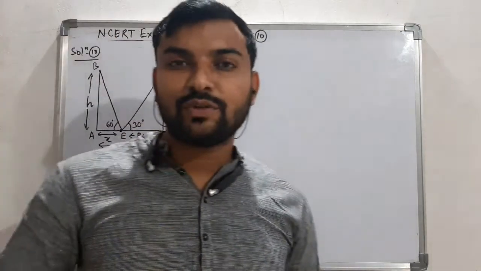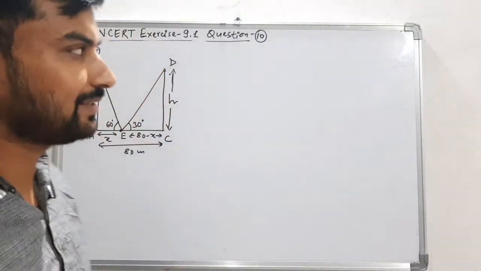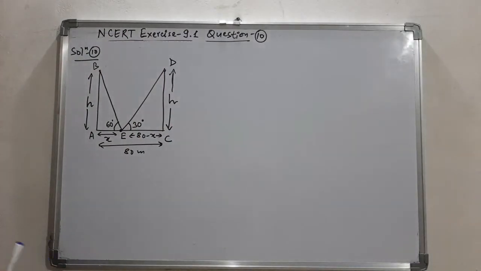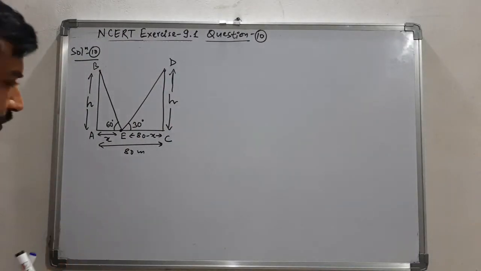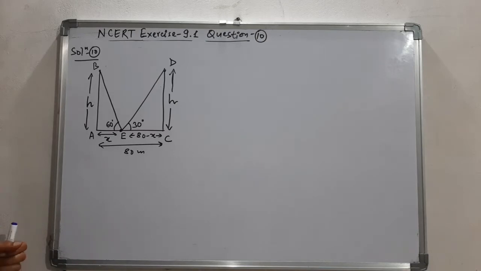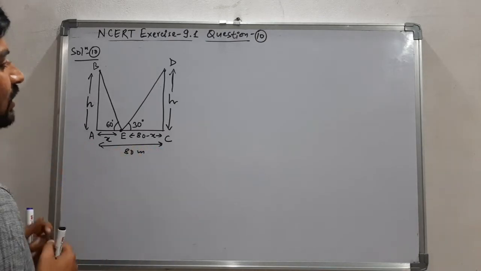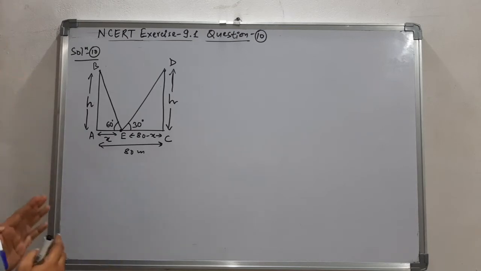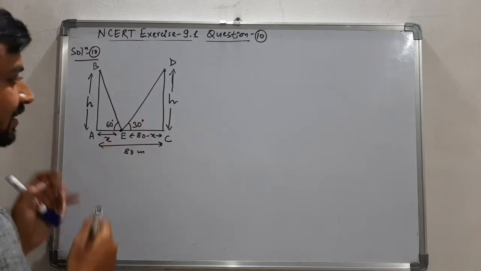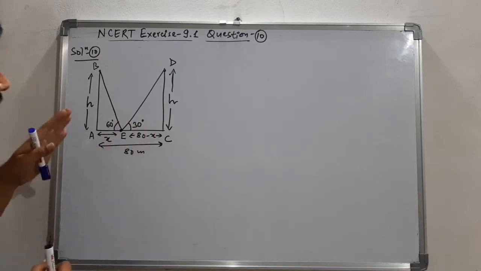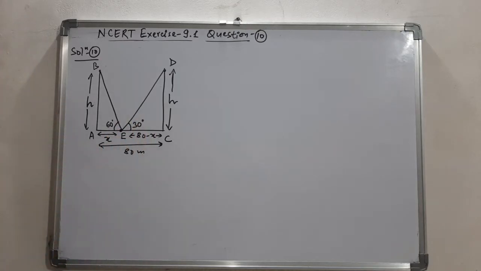So now let us come to this question number 10 here, and the situation is something like this. It is somewhat similar to the previous question. Here we have a road which is 80 meters wide. Now there are two poles which are of identical size, that is their height is equal. Let us assume that the height of the poles is h.